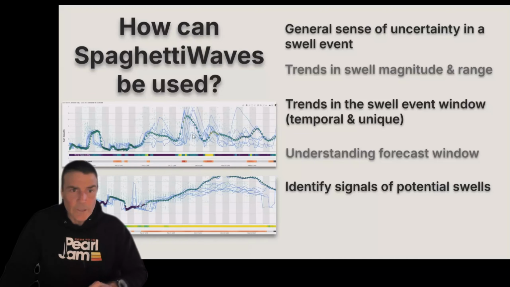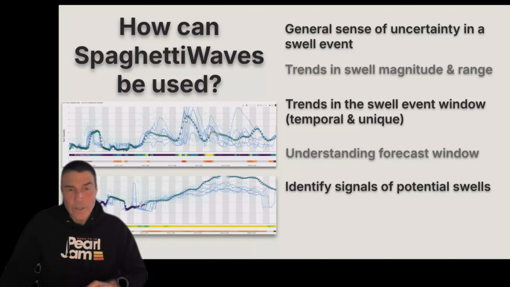Another example here in New Jersey is this period about 10 days out. The best estimate model actually is lower in the surf height versus some other models here. And the timing, this gets back to the trend in the swell event window, when it's going to peak is different.